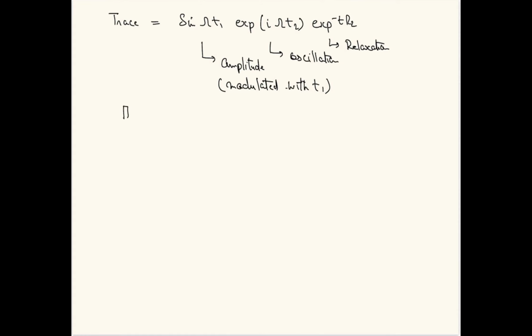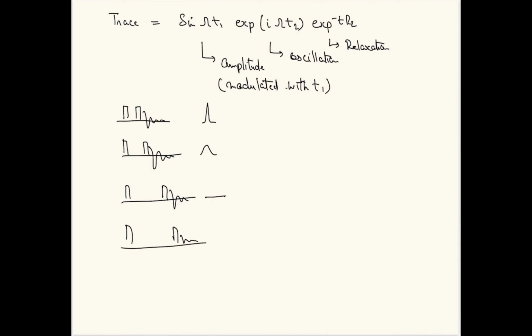We can assume that at a certain pulse spacing we have, let's say, maximum signal. This can actually be calculated: at what t1 the signal will be maximum and at what t1 the signal will be 0. At certain spacing the signal will be 0, at certain other spacing the signal will be negative, right?